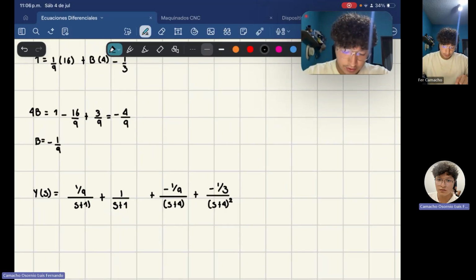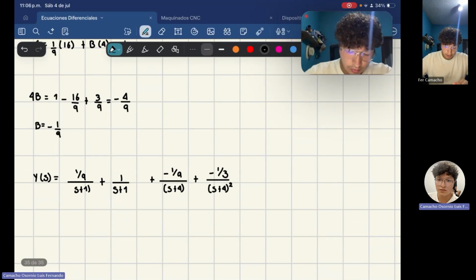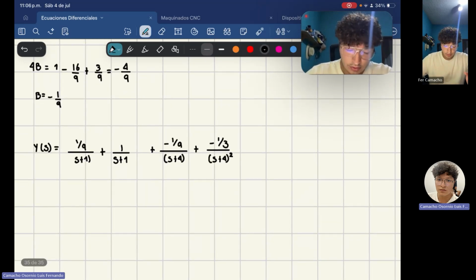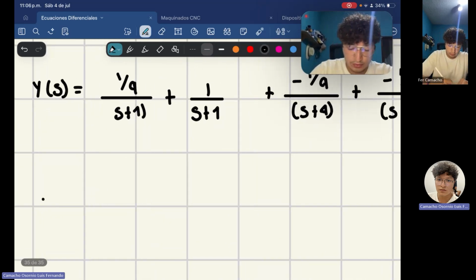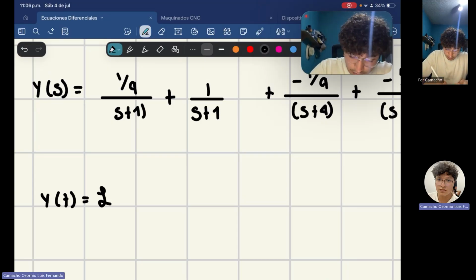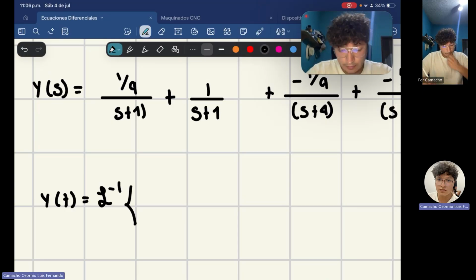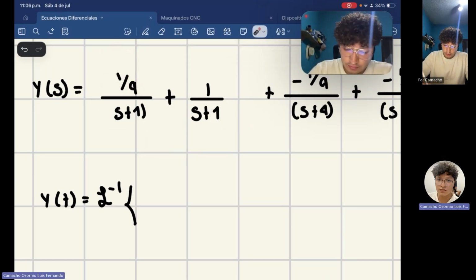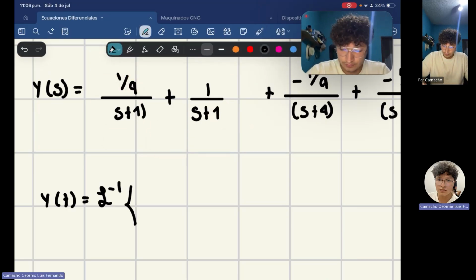And in this part, we are going to apply the other part of the inverse Laplace transformation. So we are going to have y(t), and the inverse Laplace transformation is part by part. We can close this part in 1.